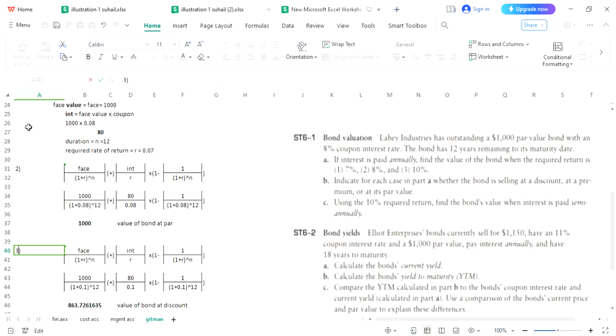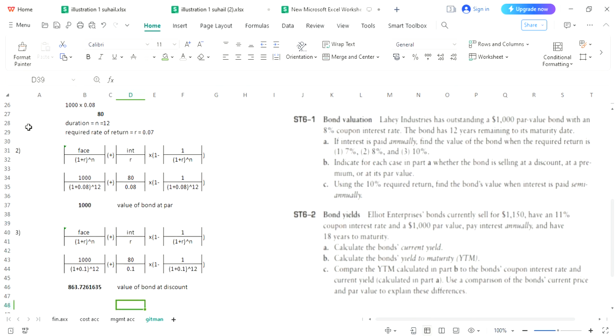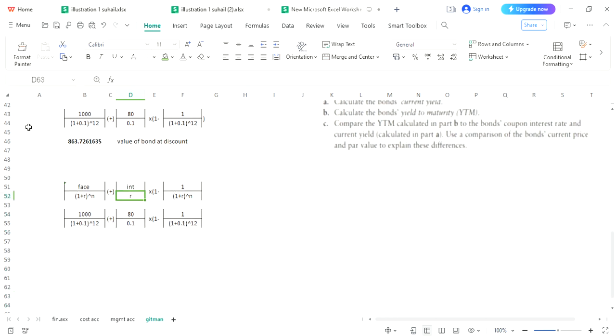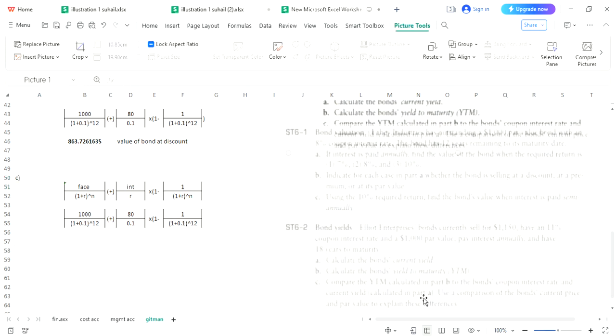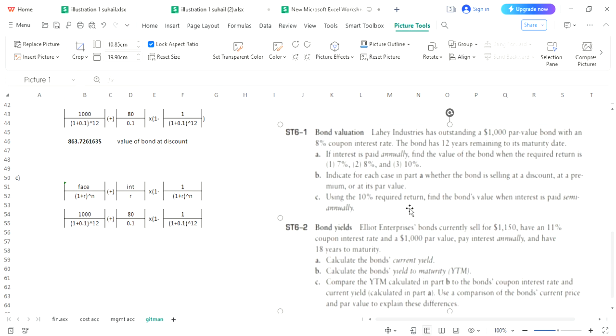For part A. And part B of the question was just to write whether the value of the bond is at par, at discount, or at premium. So B part was solved by merging it. This is your C part, and for C part, what was the requirement? Let me show you again. Using 10% required rate of return.